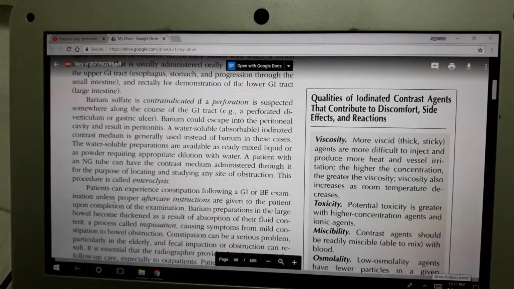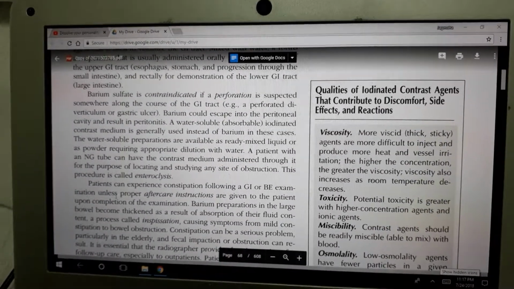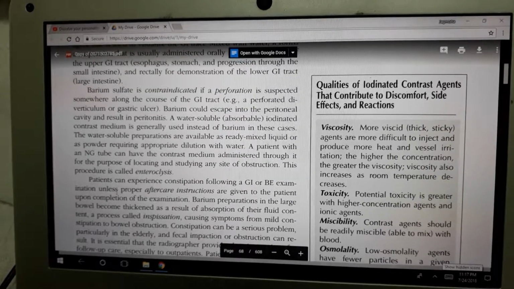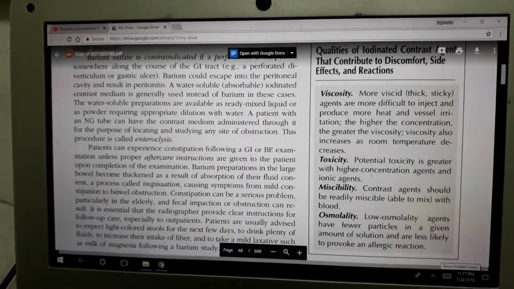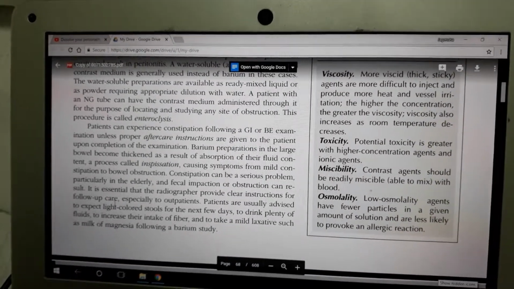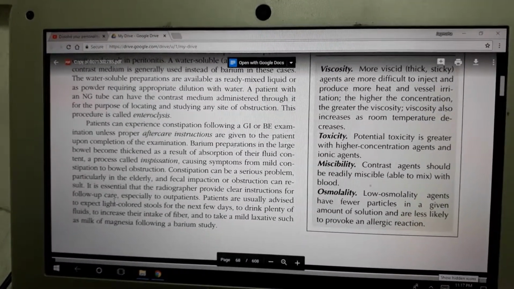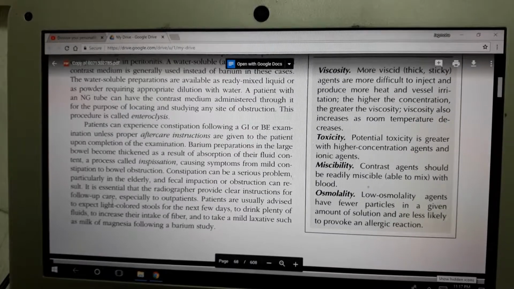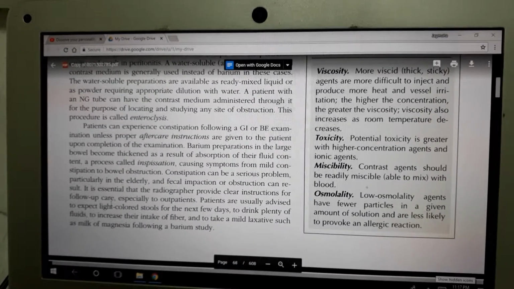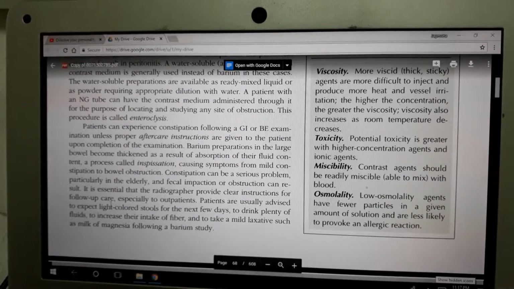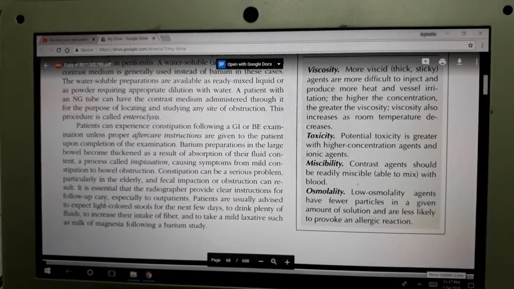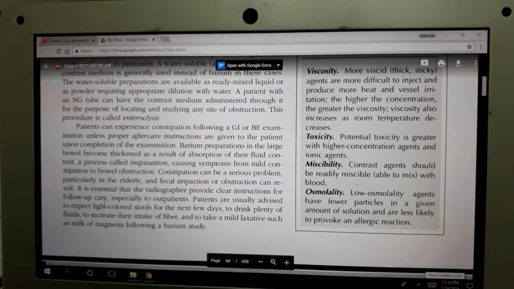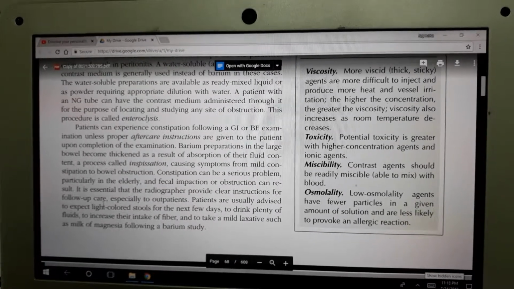The qualities of the iodinated contrast agent contribute to discomfort, side effects, and reactions. Viscosity and velocity: more viscid, thick, sticky agents are more difficult to inject, and they produce more heat and vessel irritation.